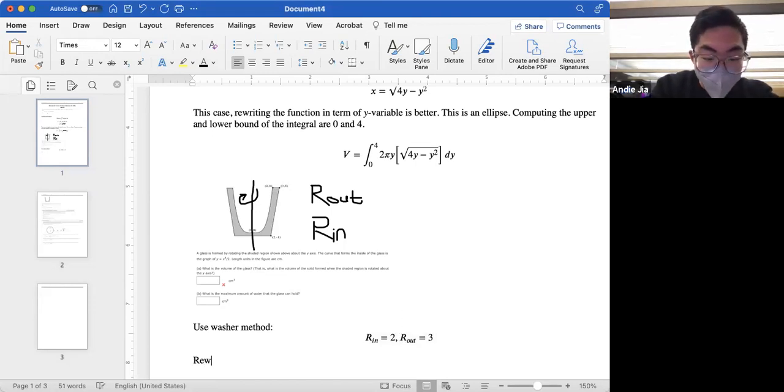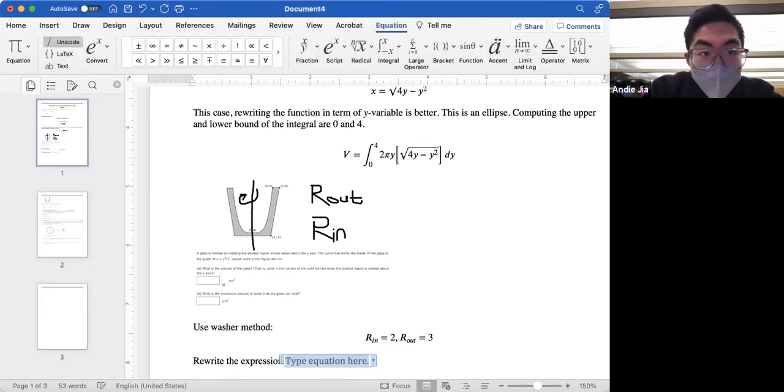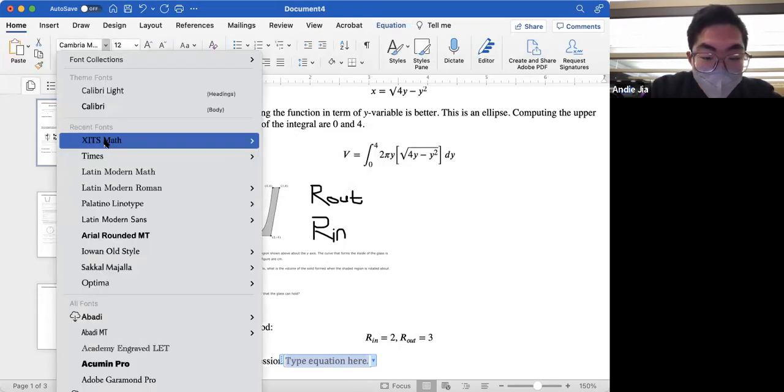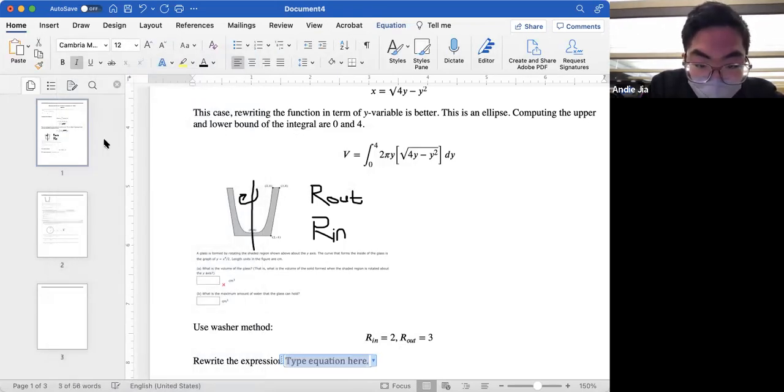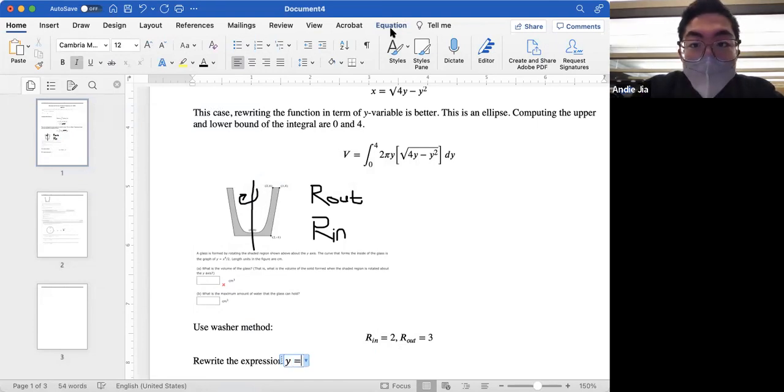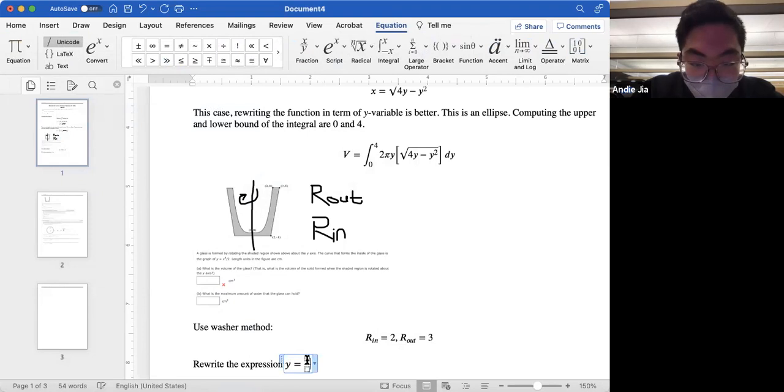We rewrite the expression as x equals (2y) to the 1/4.